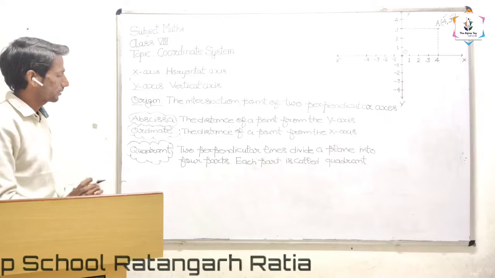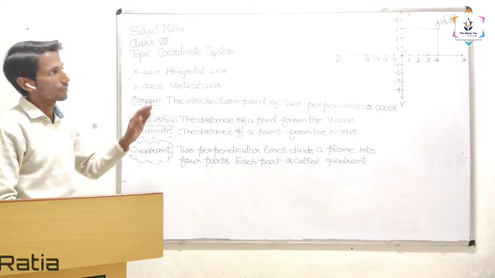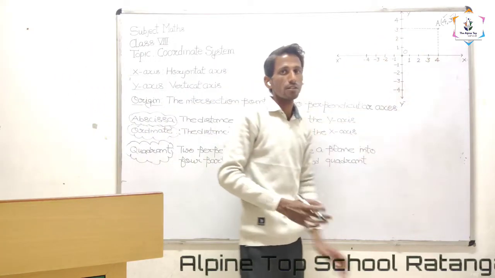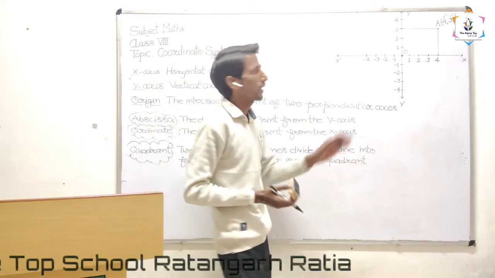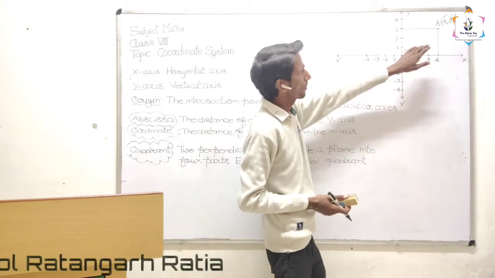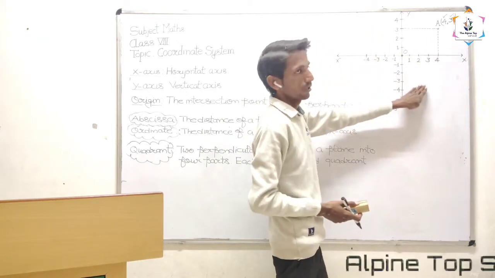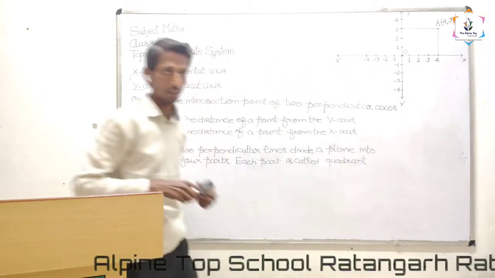Now, the next point, what is the meaning of quadrant? Listen, students, whenever two perpendicular lines intersect each other in a plane, then that particular plane divides into four parts. You are observing here 1, 2, 3, 4. Dear students, each part is known as a quadrant.